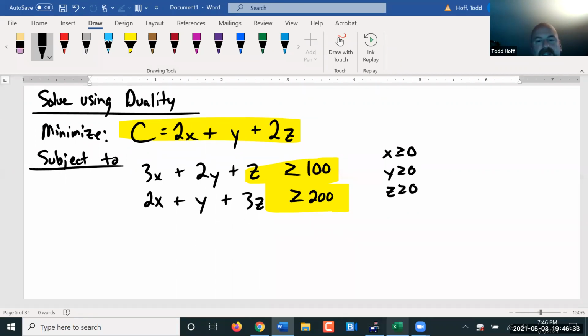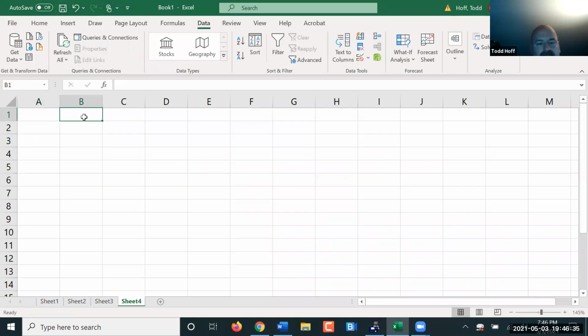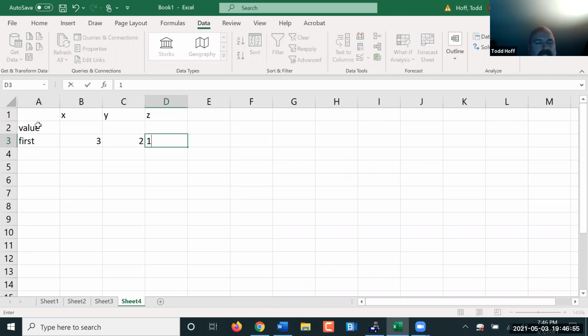So we're going to go to Excel here, and I'm just going to put X, Y, and Z here. No fancy names for those. And these three cells are going to be the values for X, Y, and Z. So the first constraint is 3x plus 2y plus 1z, I want that to be greater than or equal to 100.